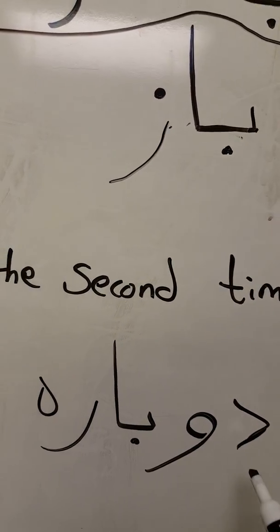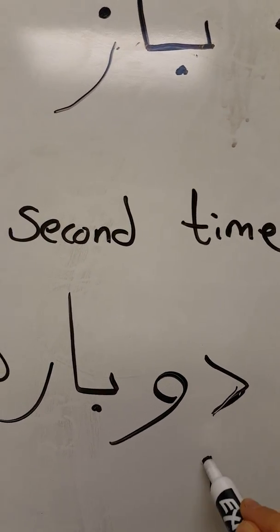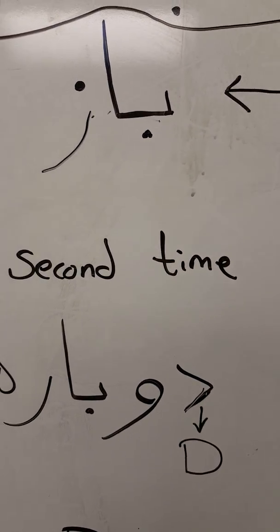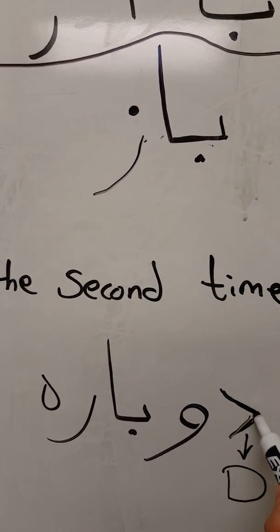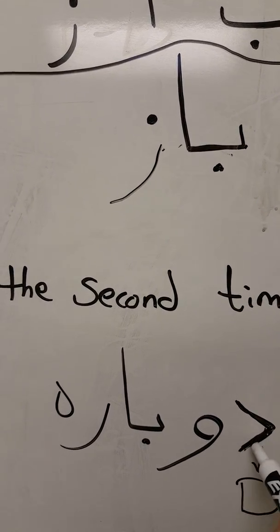Dobare is written as is. This is D. So when they want to write D in Farsi, they write it like this. It comes from here down and here.